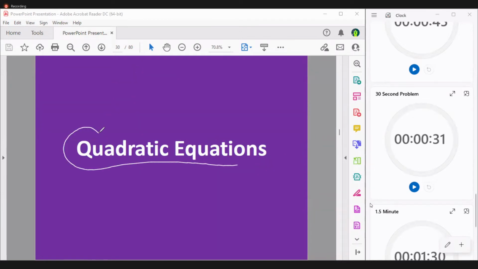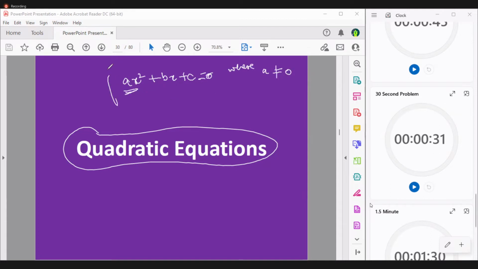Now a quadratic equation has the highest degree as 2, and this here is the skeletal form of the quadratic equation, where a cannot be 0, because if a becomes 0, then this term becomes 0, and the highest degree in the equation is not 2 anymore.